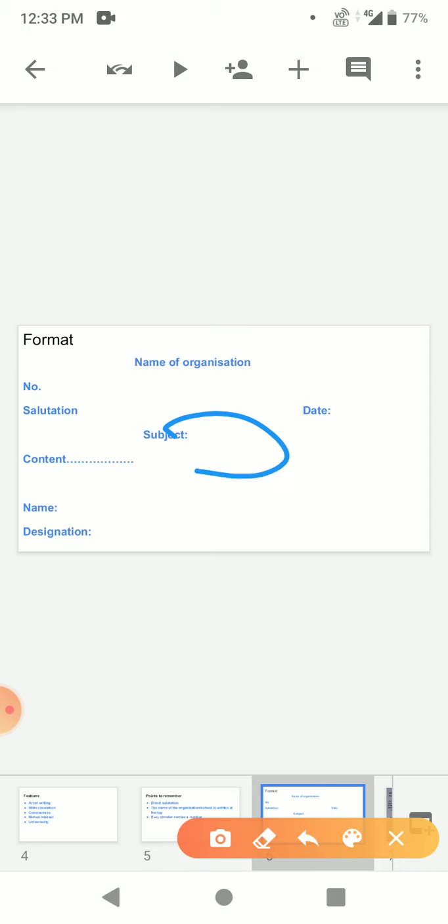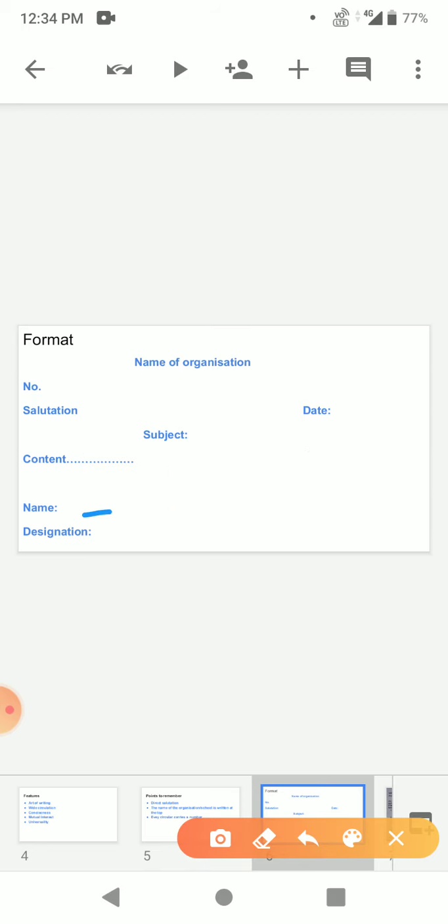Then subject will be according to the question being asked to you, whether it's about a meeting, whether it is about examination, whether it's about anything. So then the date you will mention here, and content will be according to the question being asked, you will write according to that.